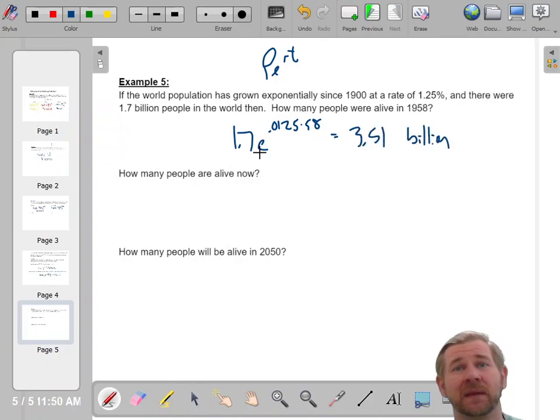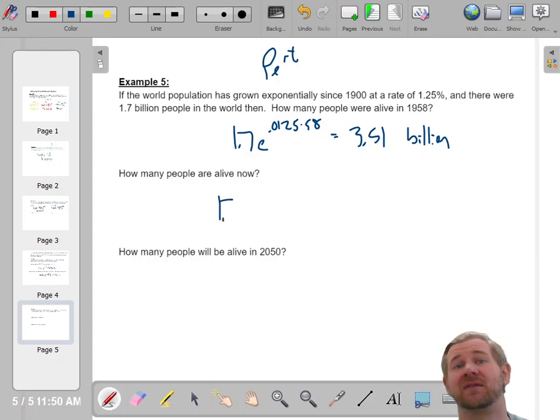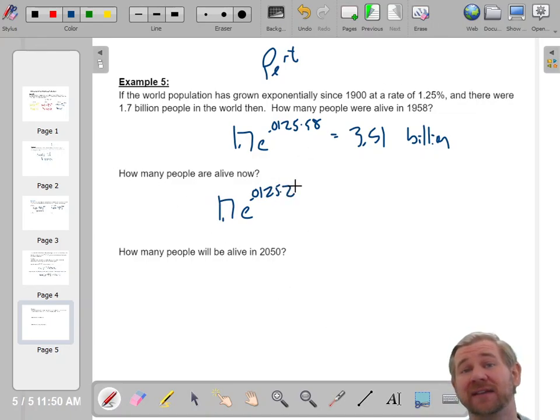Now, think about that. In that person's life, they were born in 1900, and then in 1958, so they're about 60 years old, their population has doubled. The world population has doubled in their lifetime. Let's see how it is now. So we're still starting in 1900, 0.0125, but now, if this is from 1900 to today, we'd say 2024 is 124 years.